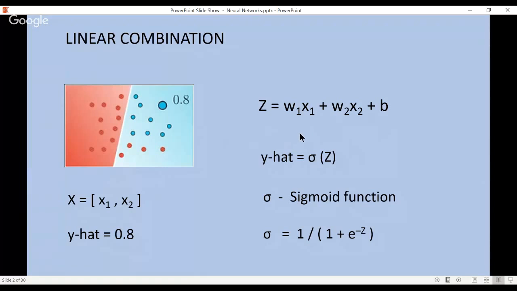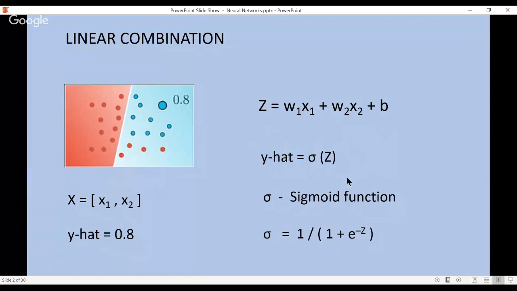So if you want to get a probability, a number between 0 and 1, you use a sigmoid function. You can see it looks like this: 1 over 1 plus e to the exponential of minus z. The sigmoid function converts a number into a number between 0 and 1.